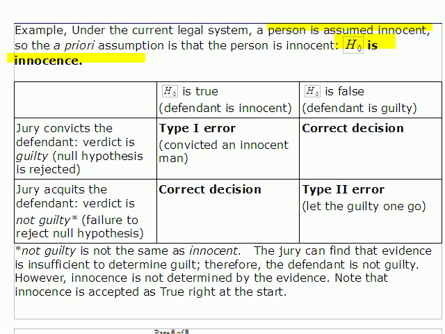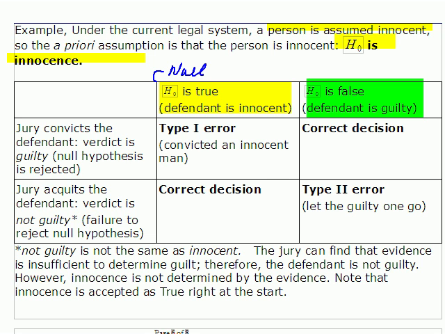So in this column I'm going to write that the null hypothesis, H naught, is true. And over here we can write that the null hypothesis is false and the defendant is really guilty.